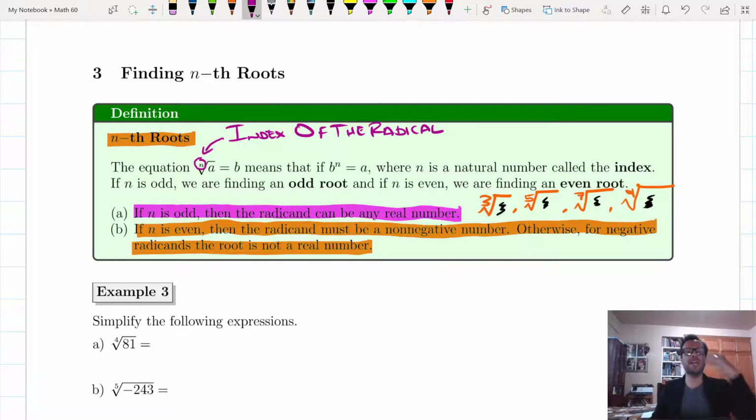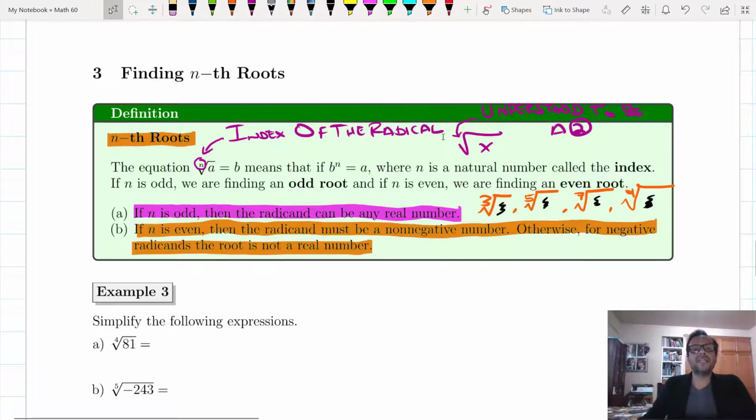If you have a square root, when we don't have anything, square root of x for example, notice nothing is written. This is understood to be a 2, that means square root. Unless you have the number 3, that means cube root, or the number 5, fifth root, or the number 4, the fourth root, etc.